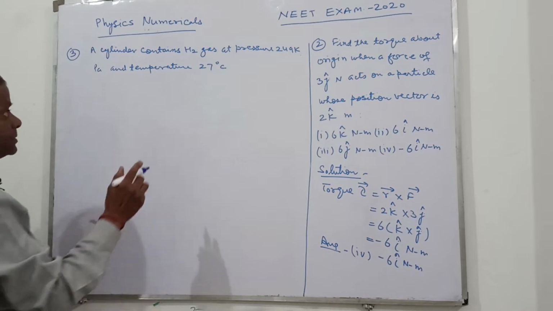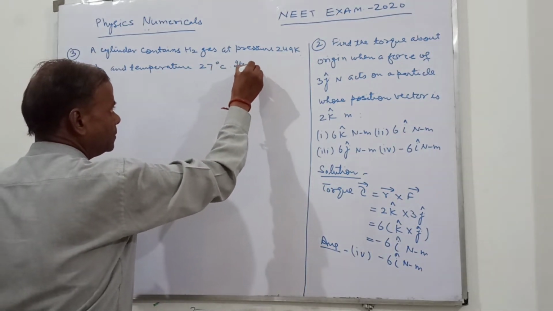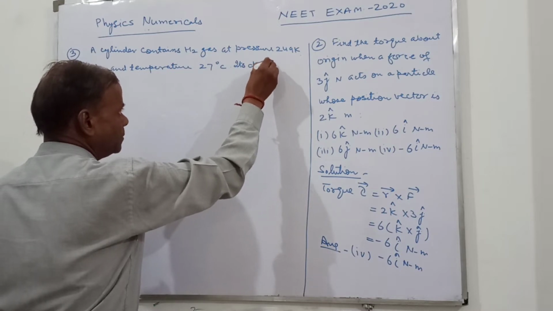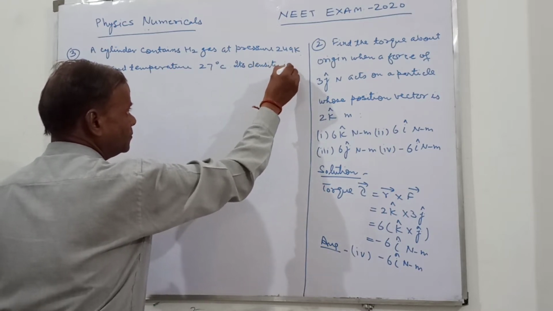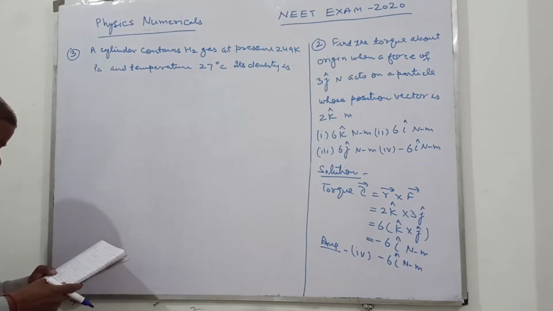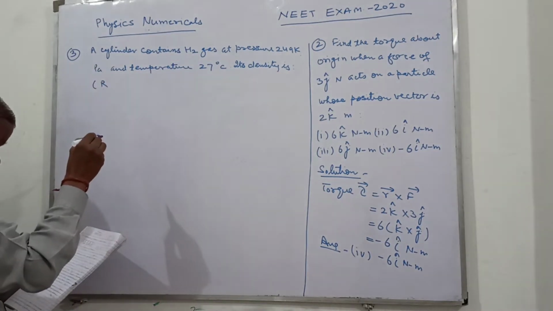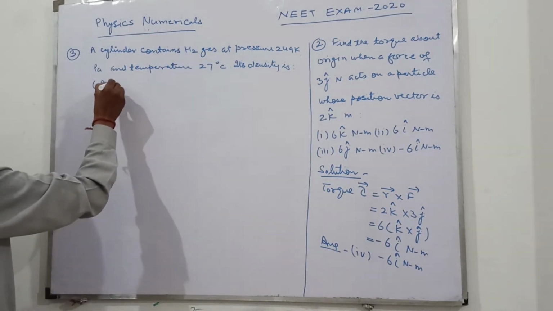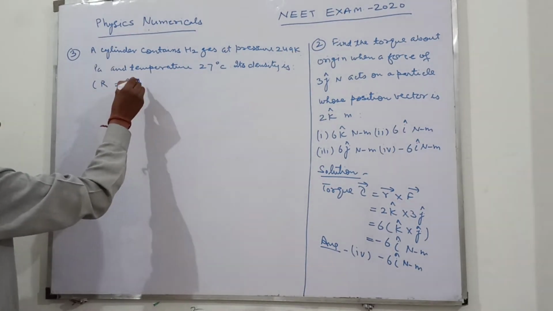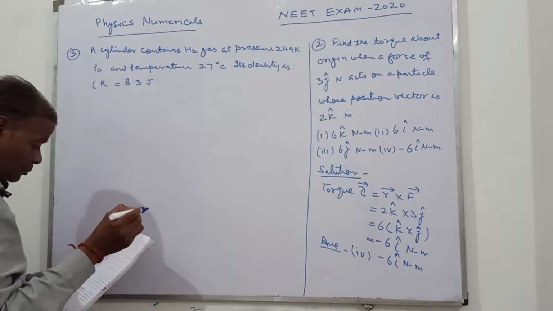Its density is... You are given the value of R equal to 8.3 joule per mole.